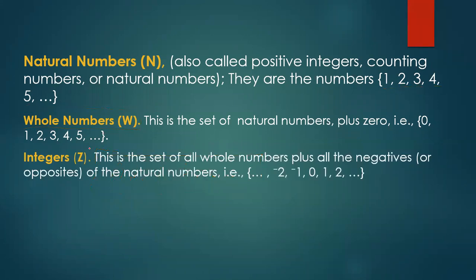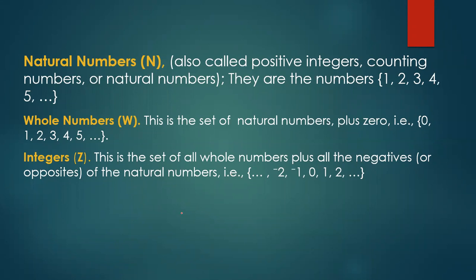Then we also have another set, which is the set of integers. The set of integers is denoted by Z. This is a set of whole numbers plus all the negatives, or opposites rather, of natural numbers. What this means is that integers are simply a set of negative and positive whole numbers.